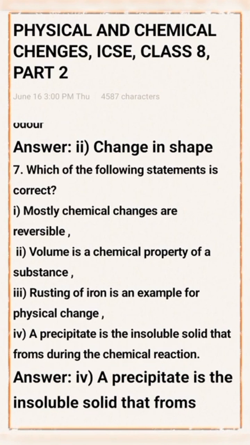Option 4, a precipitate is the insoluble solid that forms during the chemical reaction. Okay, that is, option 4 is the right answer. That is, a precipitate is the insoluble solid that forms during the chemical reaction.